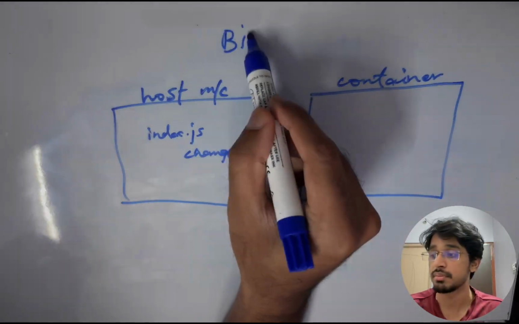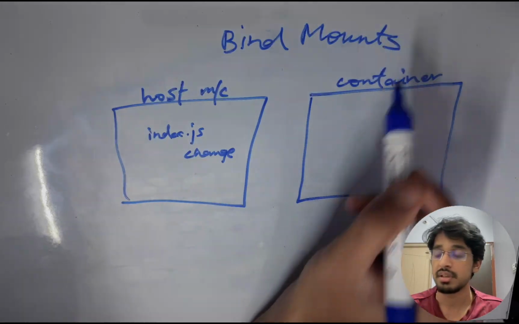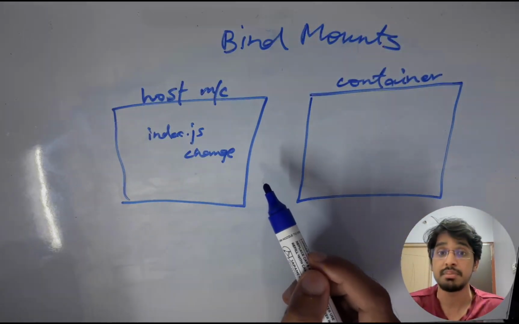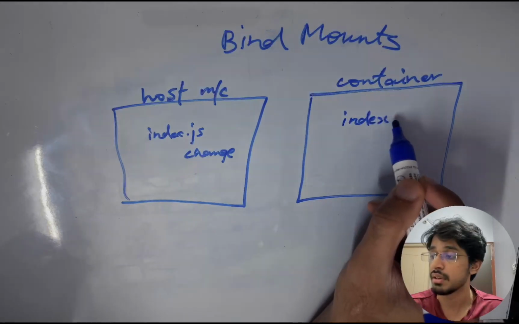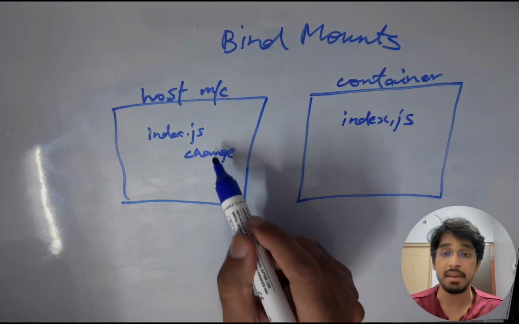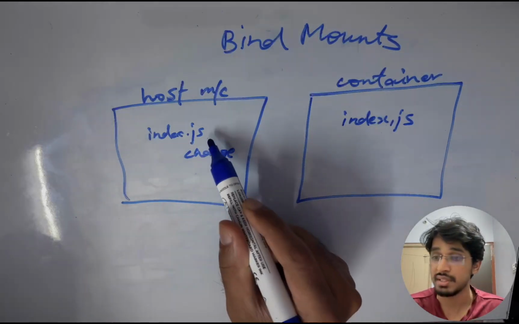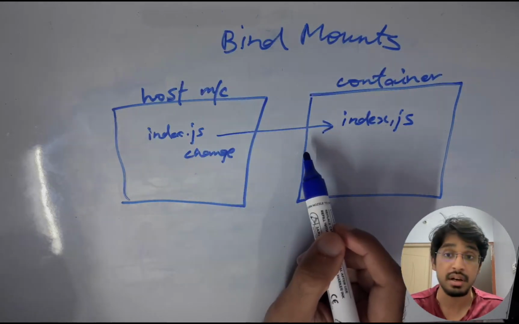The concept here is bind mounts. What this does is mirroring. If I have my index.js inside my container, then whatever changes I make on my system, when I save my index.js, the same file changes will happen inside the container as well.